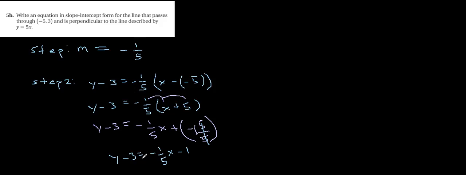Now my next step is to add 3 to both sides of the equation. Adding 3 and adding 3, I end up with y = -1/5x + 2.